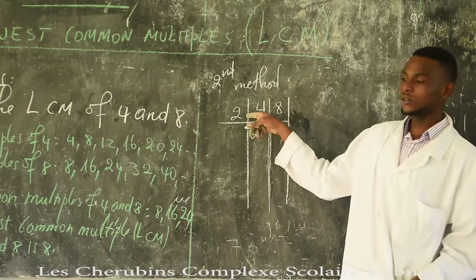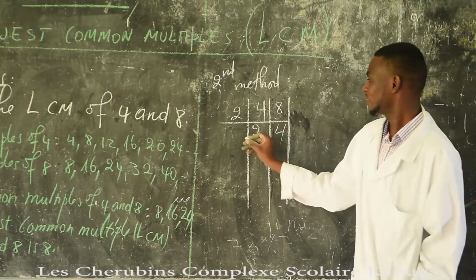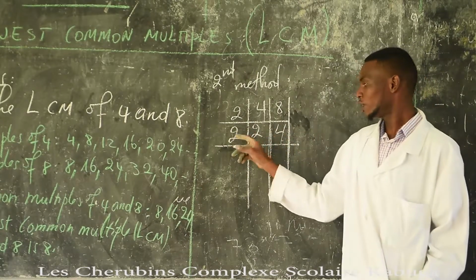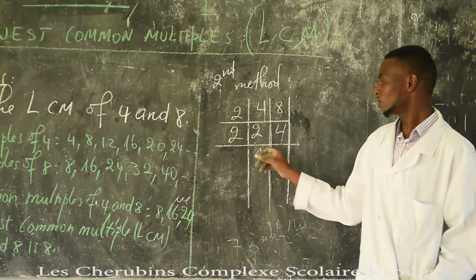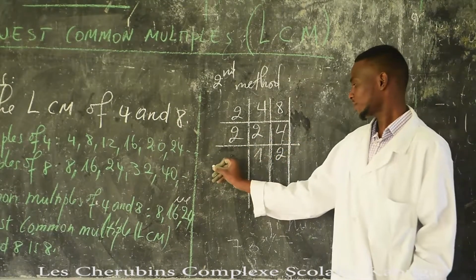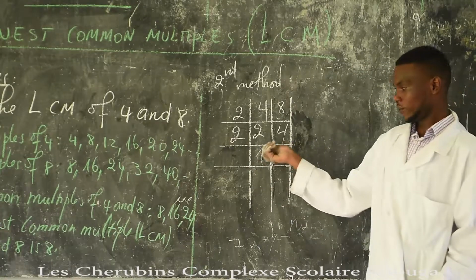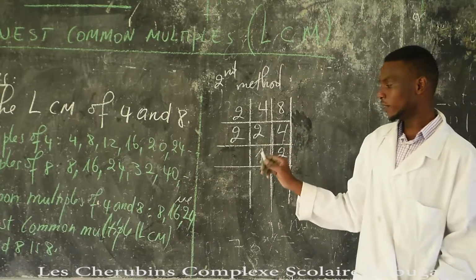Is this 2 still dividing these two numbers? Yes. So I put here 2. 2 divided by 2, here I will get 1. 4 divided by 2, I will get 2. Among these two numbers, is there anyone which can be divisible by 2?